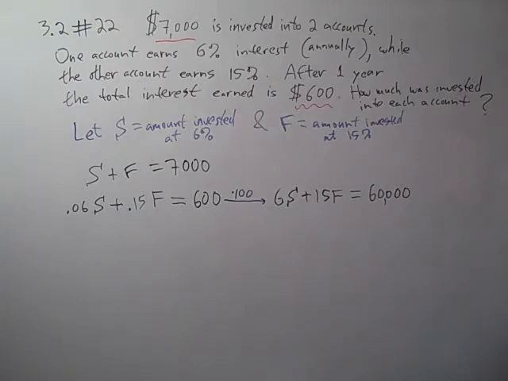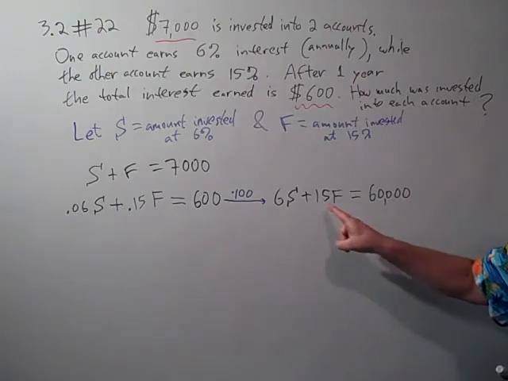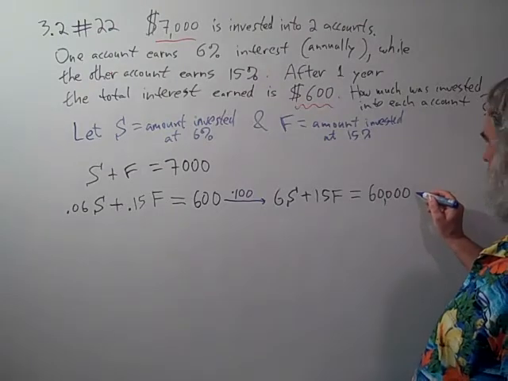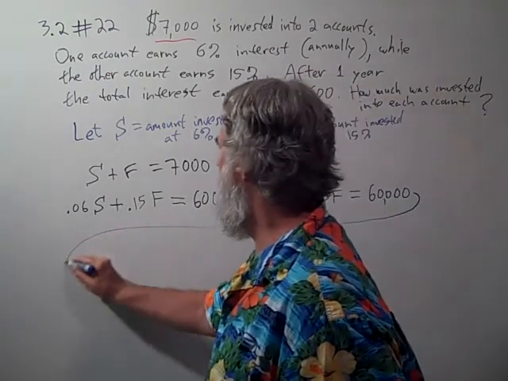You may notice also that 3 divides into each of these numbers, so we could even make the numbers smaller if you're as much of a fanatic about that as I am. So let's do that. Let's now divide the second equation by 3 to make the numbers even smaller. So I'm going to come way around here and write it here.